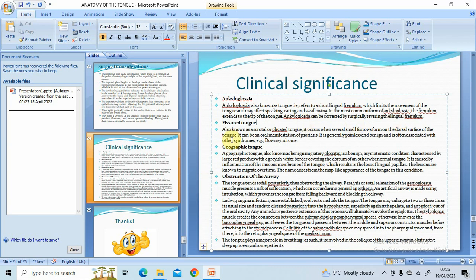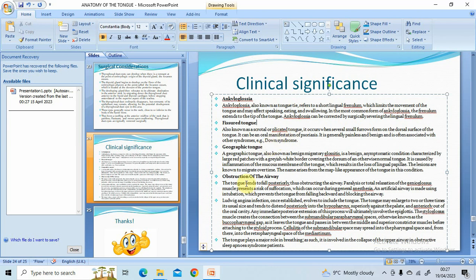Then we talk about the fissured tongue. This fissured tongue is known as the scrotal tongue. It occurs when you have several small furrows on the dorsal surface of the tongue. It is usually benign and usually seen in patients with Down syndrome.